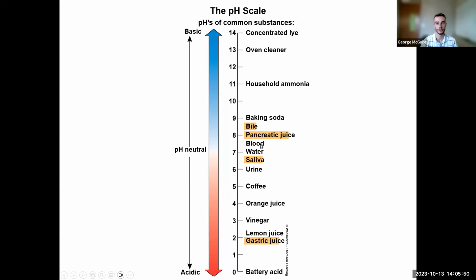Water is 7, saliva is just a bit more acidic than water. The gastric juice in our stomach is extremely acidic at a 2. And then the pancreatic juice and bile are just a bit more basic than water is. So we buffer this gastric juice until it is completely safe and is no longer going to damage the intestinal cells that are lining that small intestine.